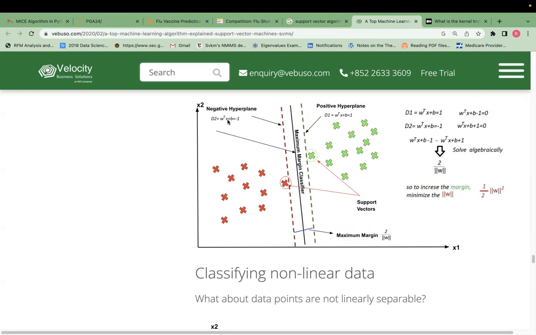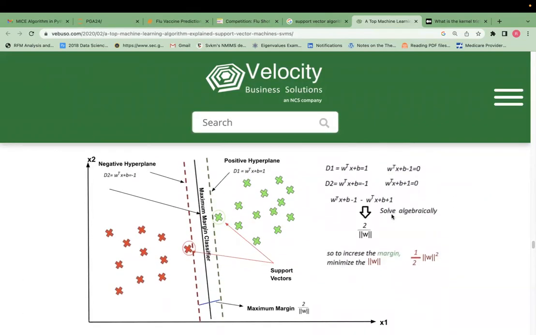What is the straight line equation? Y is equal to AX plus B. Just look at this, then you will understand the concept of support vector machines. If W transpose X plus B is positive, it will be classified onto the positive side. If it is negative, it will be classified onto the negative side.